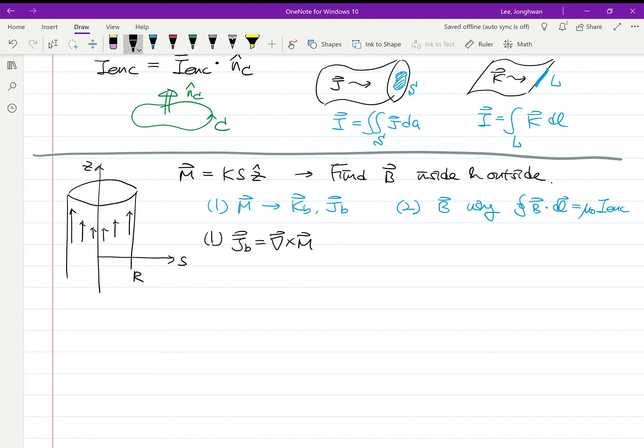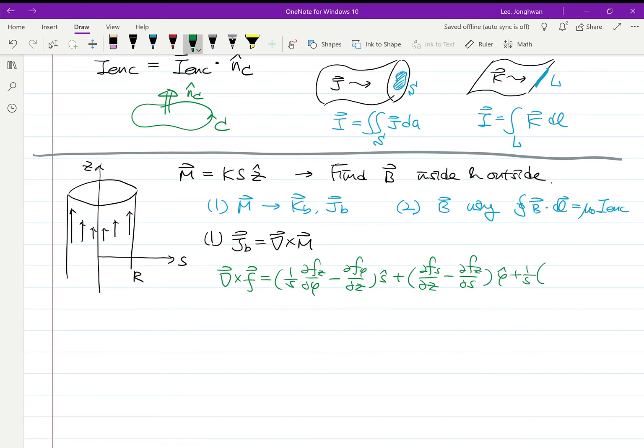J_b is given by the curl of M, and here in the cylindrical coordinate system you can find this formula online.